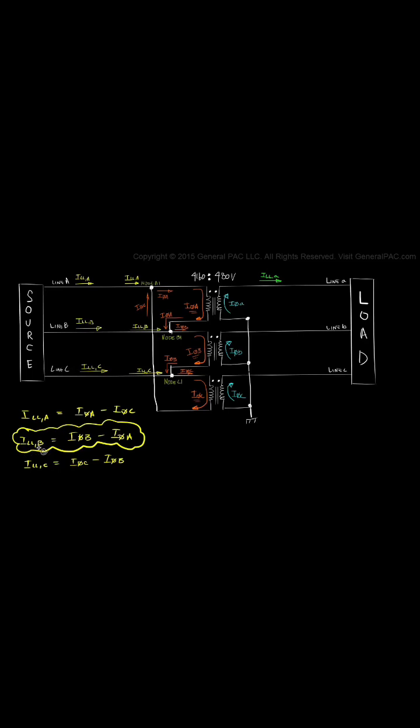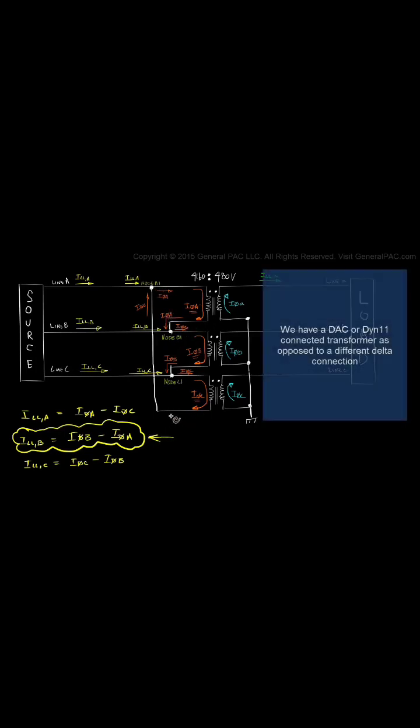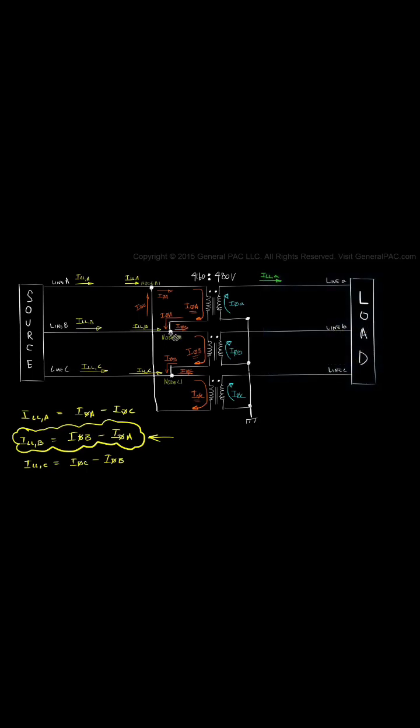We know that line current B, which is the current here, is equal to phase current B, which is going to winding B, minus phase current A, which is coming from winding A. The reason why the equation is set up like this is because our delta connection is set up in a particular fashion, where the polarity side of winding B is connected to node B1, and the non-polarity side of winding A is connected to node B1.